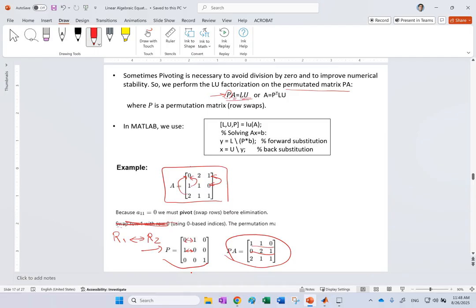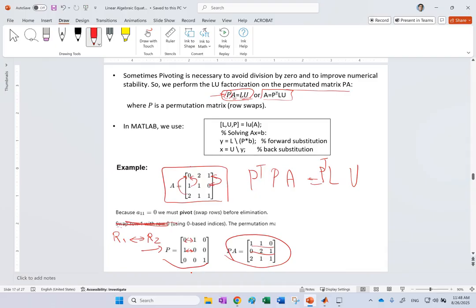So PA is going to be L times U, or another way to write it is to write A as P transpose times L times U, okay? Because if P times A equals L times U, you can multiply both sides by P transpose.